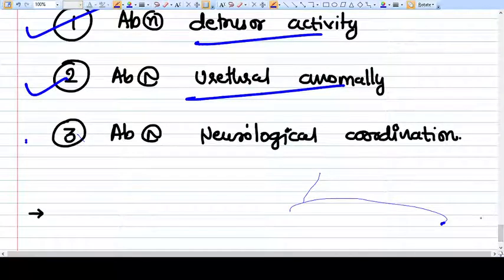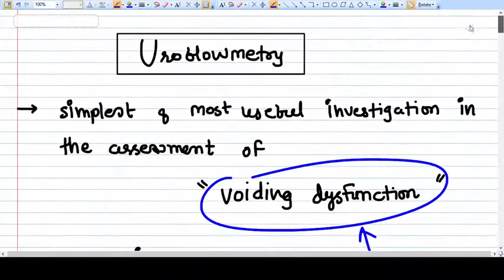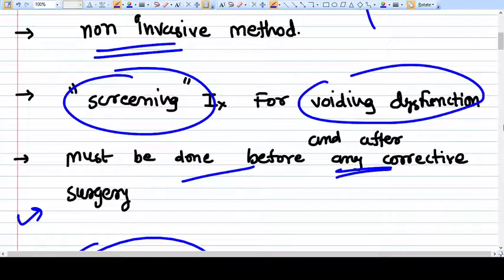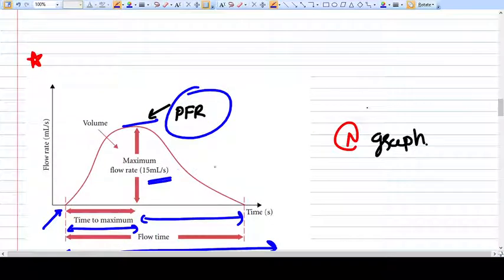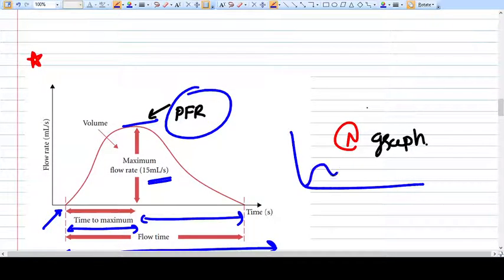With this investigation, we are just knowing the difference between normal and abnormal. We cannot find out the reason for the abnormality. For example, if urine flow is decreased, let's say the graph is like this, we cannot identify which factor is responsible for this particular abnormality.